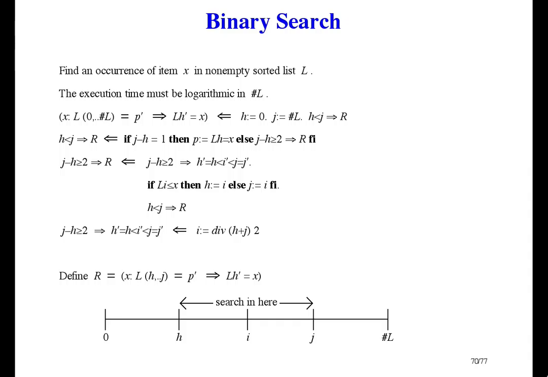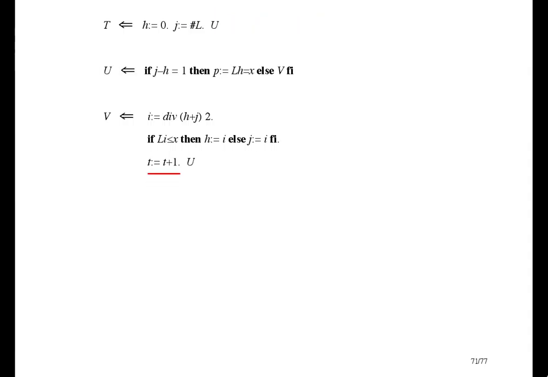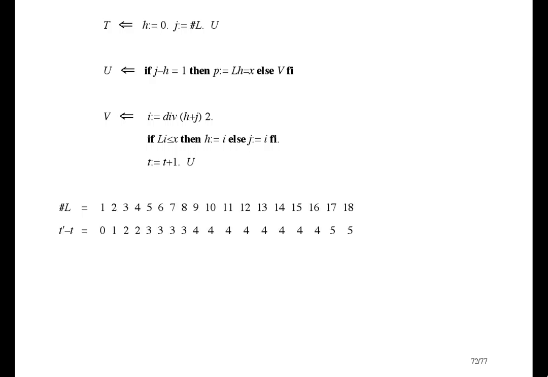We still have to do the timing. We need specifications T, U, and V that talk about time. And we need to put T gets T plus 1 just before the recursive call. Let's suppose you're having trouble coming up with the right specifications. One thing you could do is to run the program on lots of different lists with variable T in the program, so you can print out a table of times.